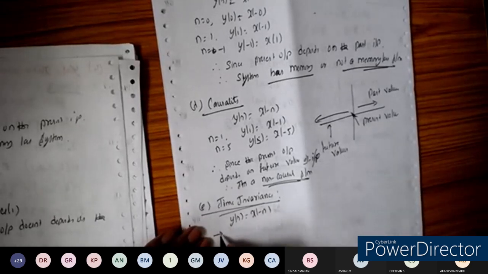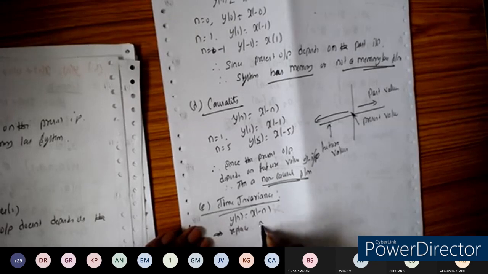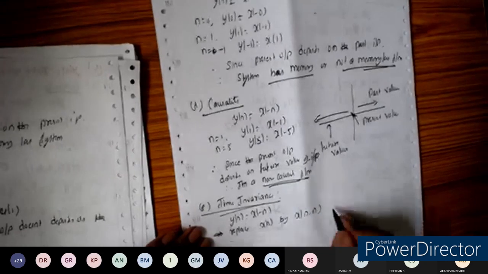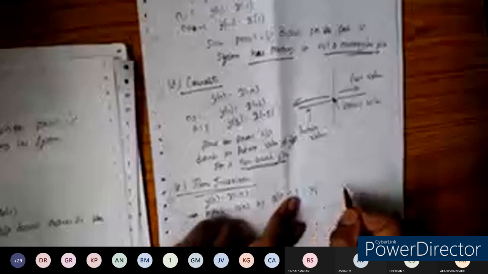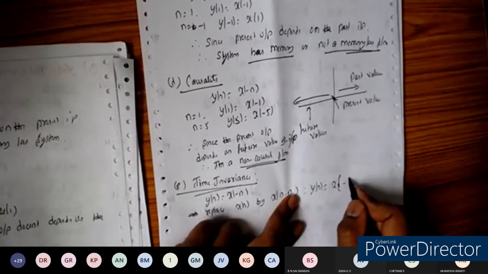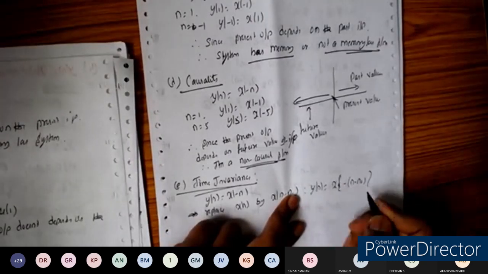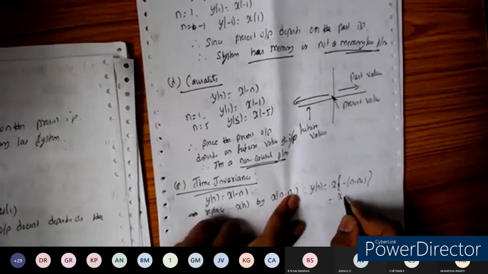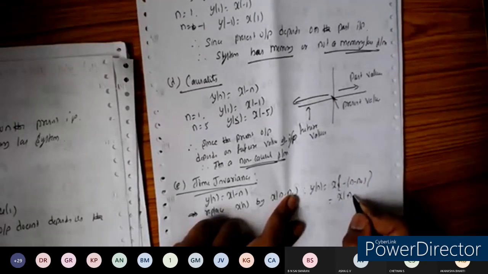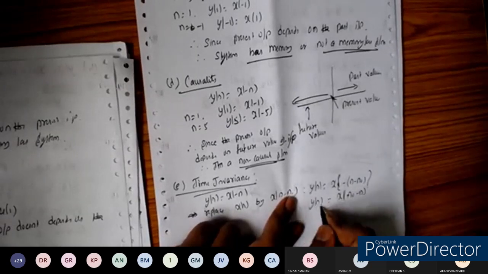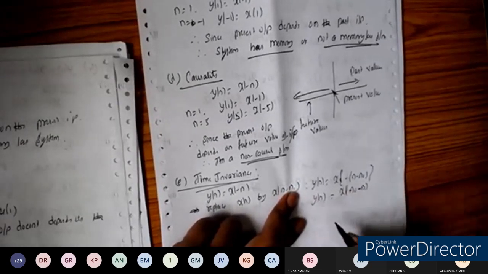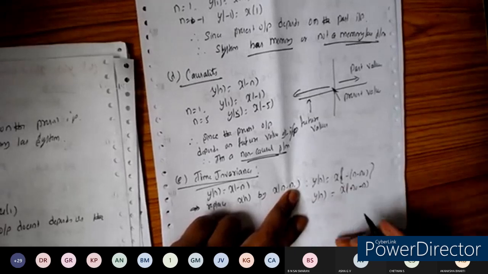First, replace x of n by x of n minus n naught, so y of n will become x of minus of n minus n naught. This is equal to x of n naught minus n. Multiplying by minus, it becomes x of n minus n naught, or minus n plus n naught; both are one and the same.